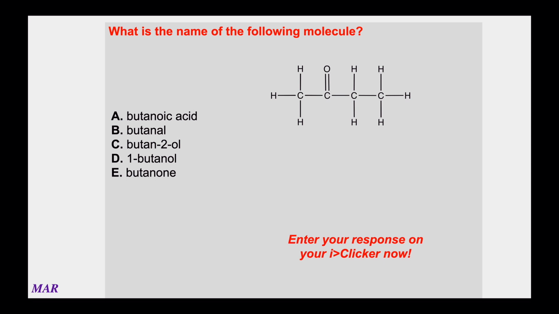If it's an aldehyde, you would call the butane, turn it into an al, so butanal, answer B. If it's a ketone, then you take the butane and you add the O-N-E to the end, so butanone.